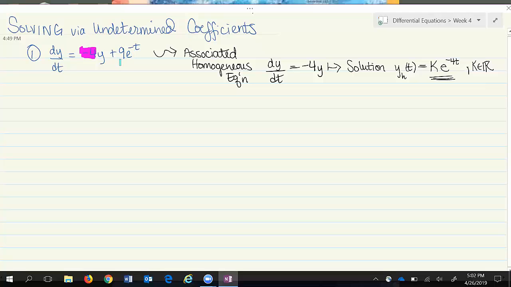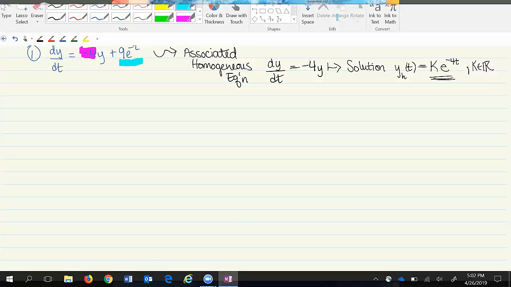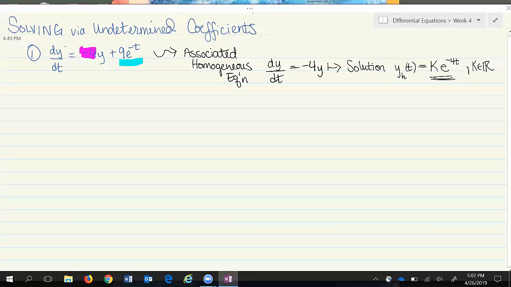So then I have to consider the second term here. I often think it is easier when solving these, especially since we're in the habit of doing that for integrating factors, to rewrite the equation with the y term on the other side. And then the generic guess I'm going to make is always going to be a multiple of the original right-hand side term.